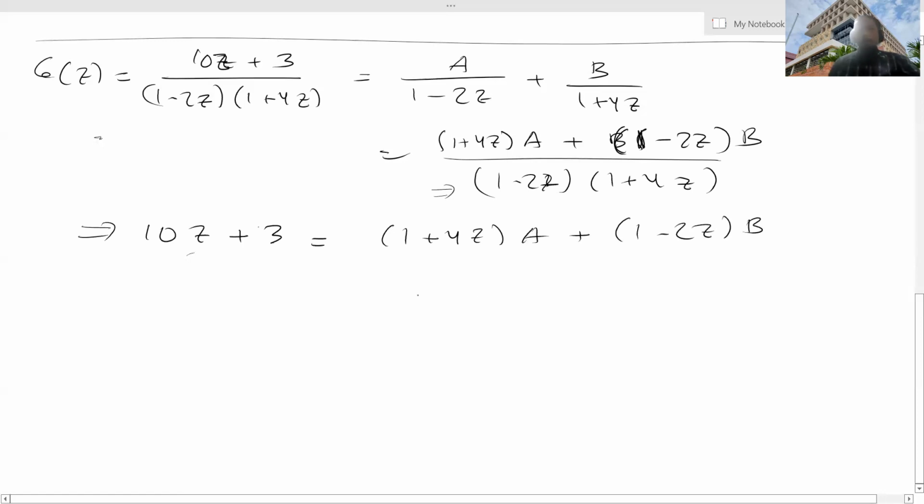Now, remember what our aim is: to somehow get this into a simpler, closer form.